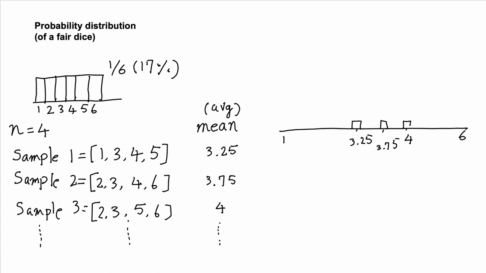And I keep plotting the sample means. Let's say the next sample mean was a 3.25 again. So I add another block here. I see another sample mean of 4. Maybe this one is a 3 and a 2.5, and I do this a bunch of times. You see other in-betweeny numbers too.